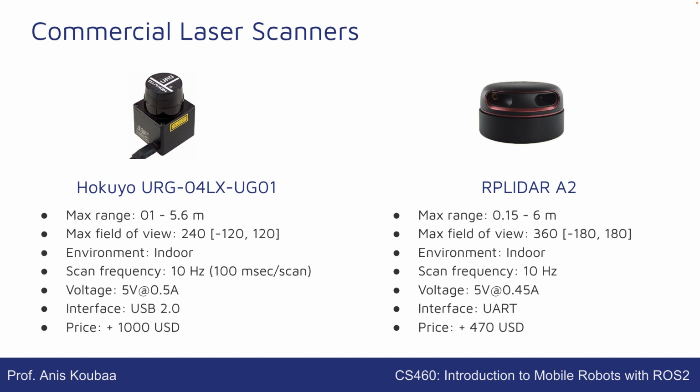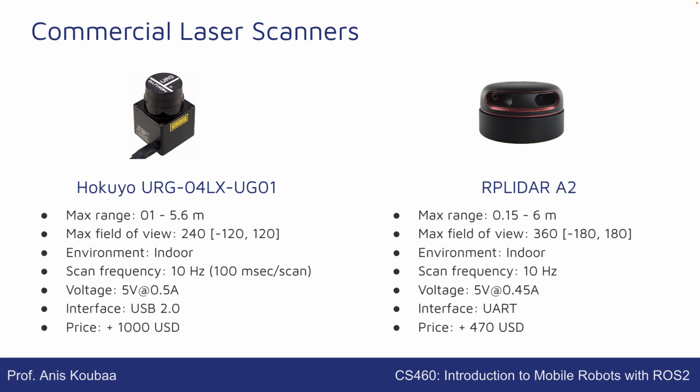Some other lasers need higher voltage, like 12 volt or 24 volt, depending on the power they need. When we increase the range, we need more power, so 5 volt for some of the lasers is not sufficient to get large distances. It operates on USB 2.0, and the price is a little bit higher than $1,000.